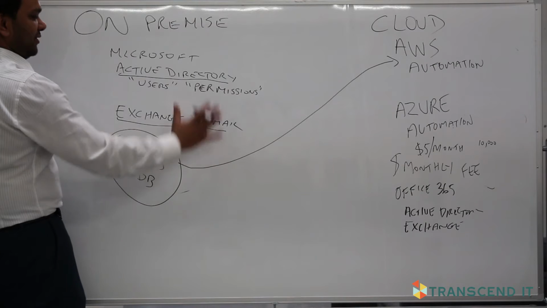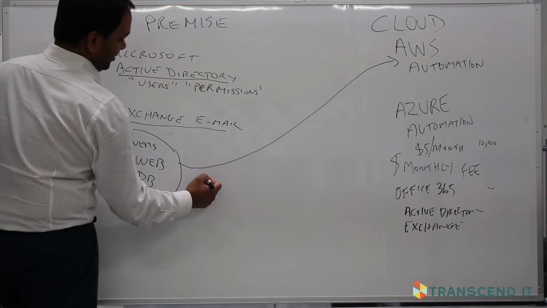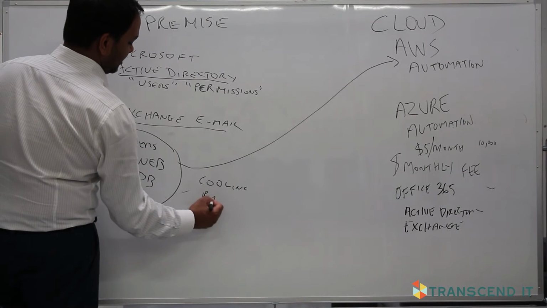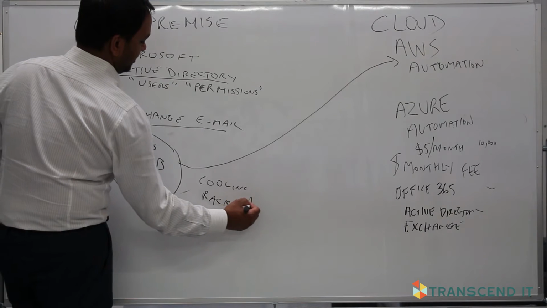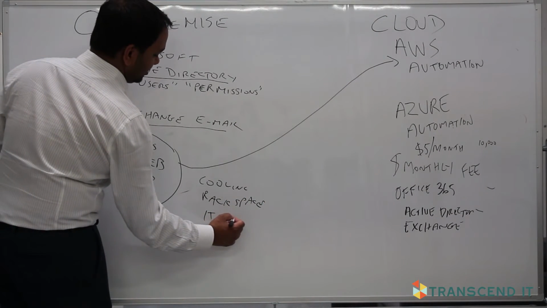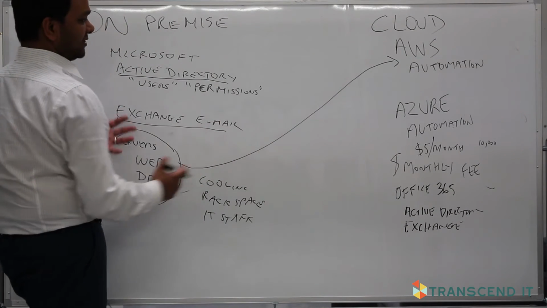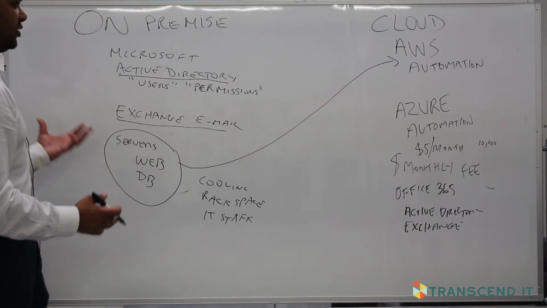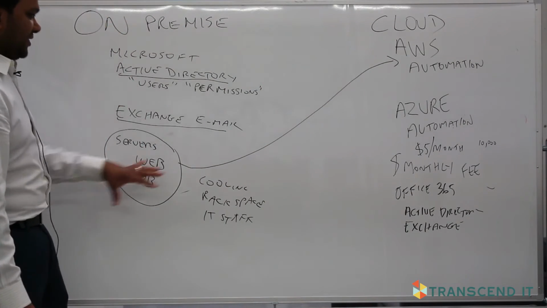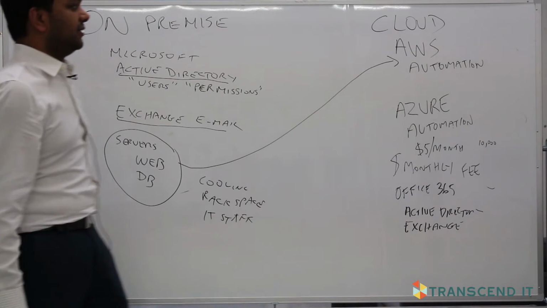Here you don't pay a monthly fee, but you do have to pay fees to cover cooling and rack space in your data center, and potentially more IT staff to manage all this stuff. So you kind of have to pick your poison. As the business, they may choose to go over to Amazon or Azure to make it easier to manage your stuff, because it's all over in the cloud at that point.